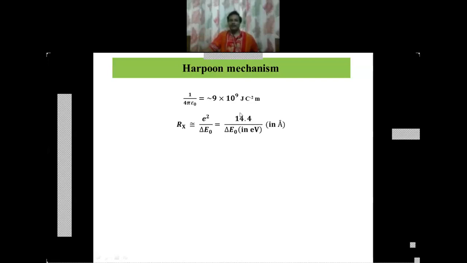And if we replace all the constants, this value is approximately 14.4 divided by the endothermicity delta E 0. If we express it in electron volts, we get Rx in angstrom, right. So, that is the way you can calculate the Rx value.